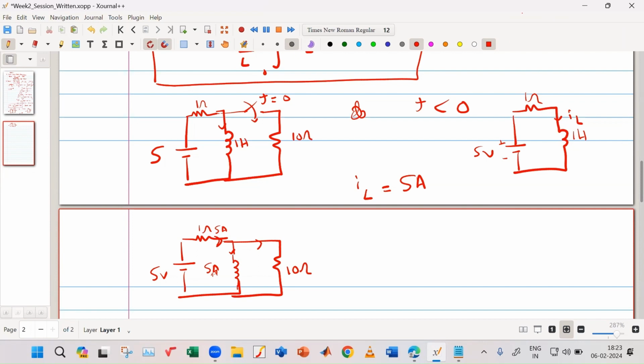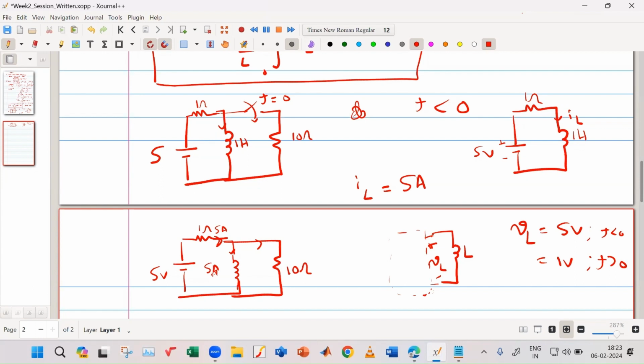But what I want to say is, suppose you have an inductor L, and there is some external circuit over here, and there's an effective voltage applied across the inductor, that is VL. That VL can be like 5 volt for t less than 0. Then it can become 1 volt for t greater than 0.